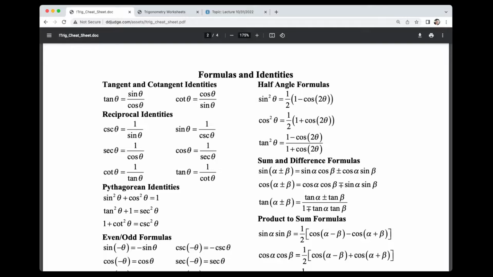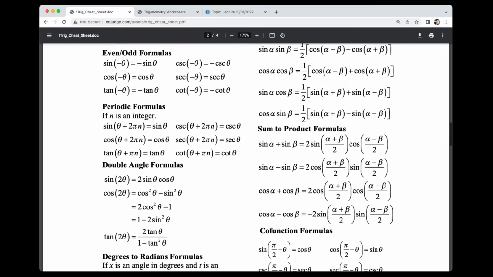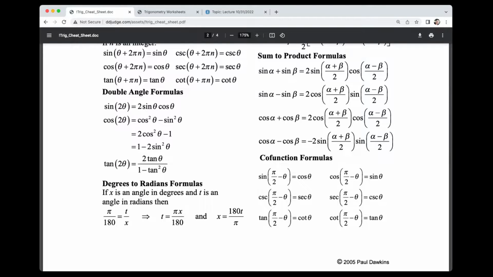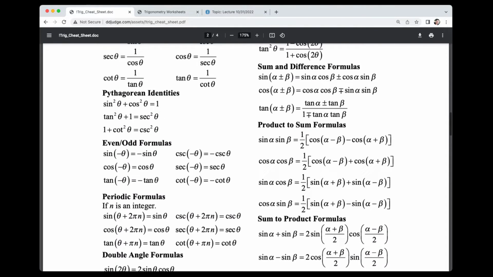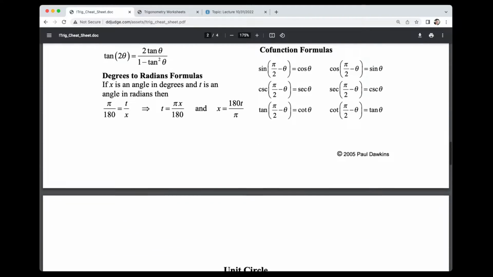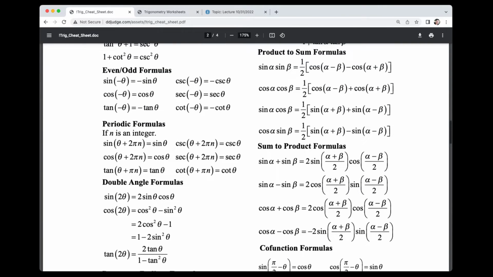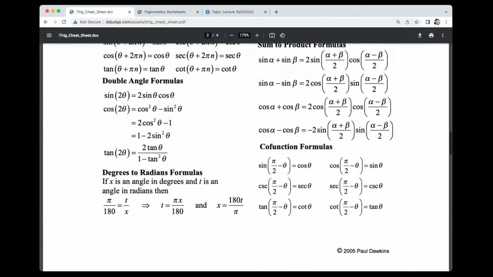Do these formulas just fall out of the sky? The answer is no. You already know some of them, but we're going to talk about some more of these identities that really show up in science, engineering, STEM, mathematics. We already know about the unit circle, so we have to talk about some of these identities, ladies and gentlemen. It's a great topic. This is what we're going to start talking about today: the identities.